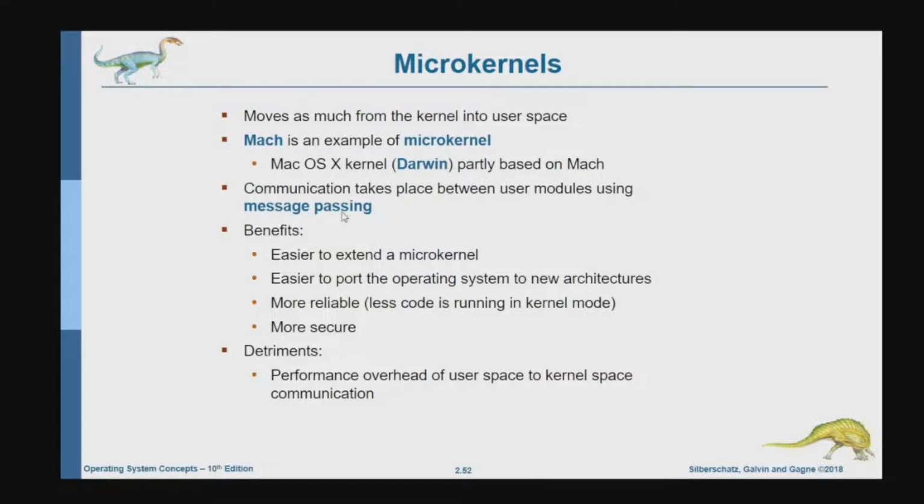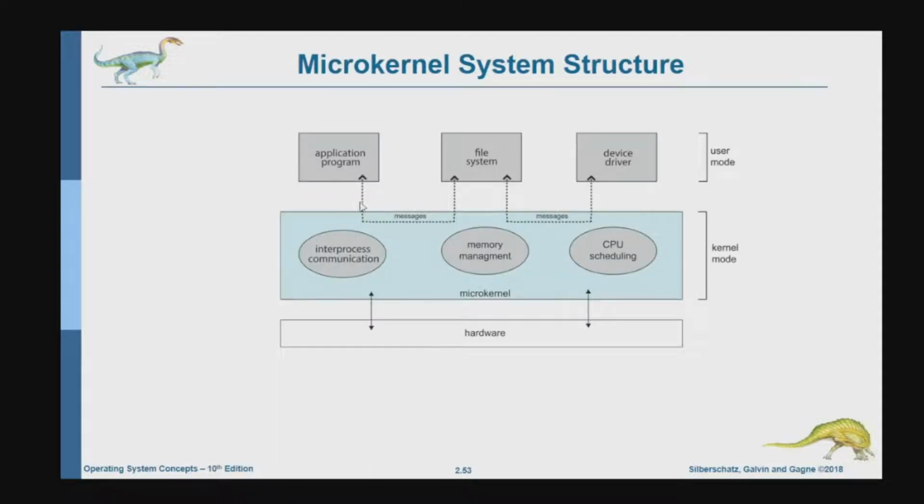And we talk here about the message passing for the communication between the modules. This one is the user module. We have the application program, the file system, and the device driver. So this part is under the user mode, and the communication is using message passing. So this one will pass to here, and then this file system passes to the device driver, something like that.